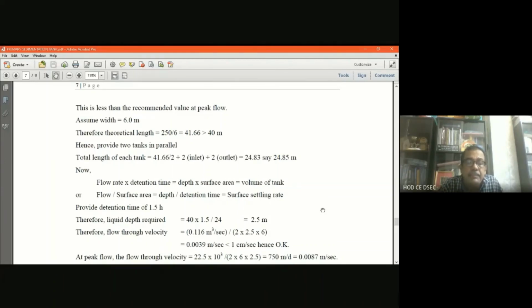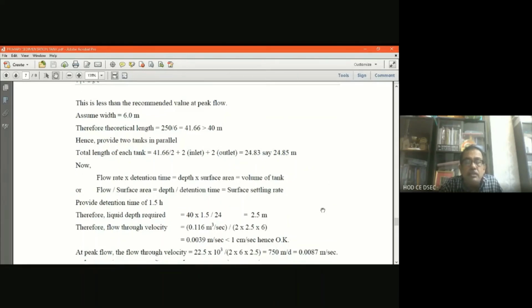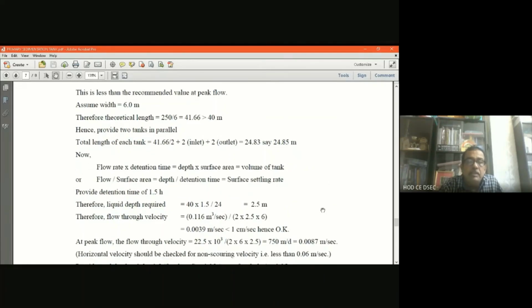When finding the settling velocity, the horizontal plan area, that is the surface area, has been taken, while for calculating the horizontal velocity, the vertical plan area we have taken. So this is the concept of how to design the primary sedimentation tank.